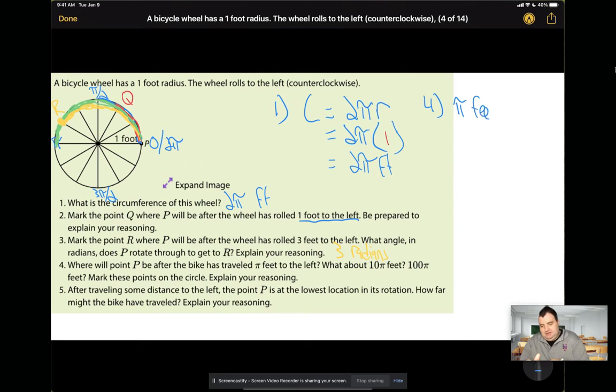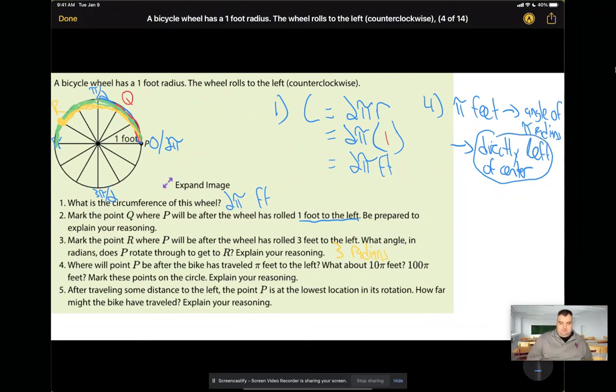Pi feet means an angle of pi radians, and an angle of pi radians is directly to the left of center. So where will point P be after the bike has traveled pi feet? It will be directly left of center.